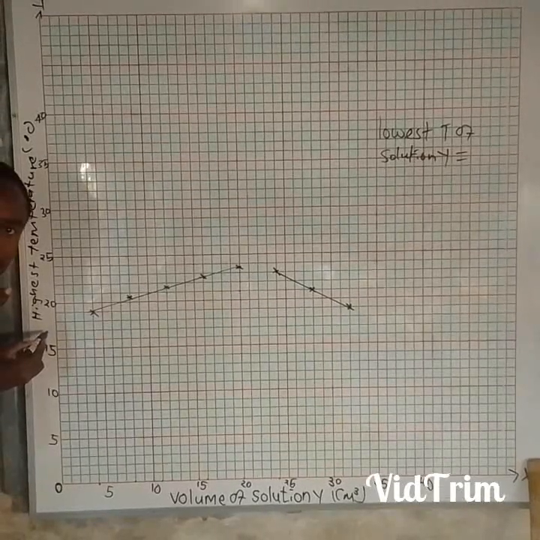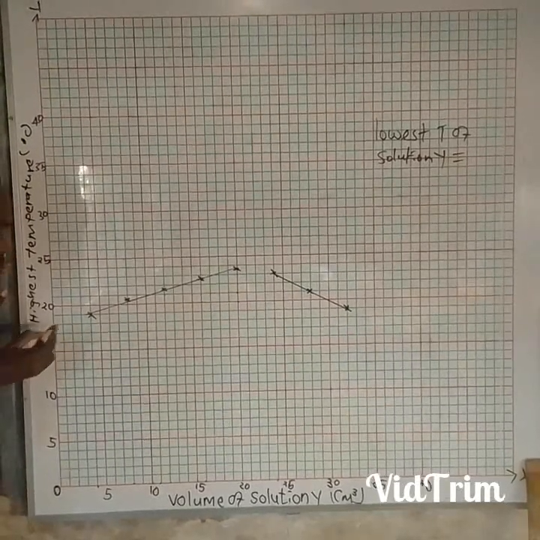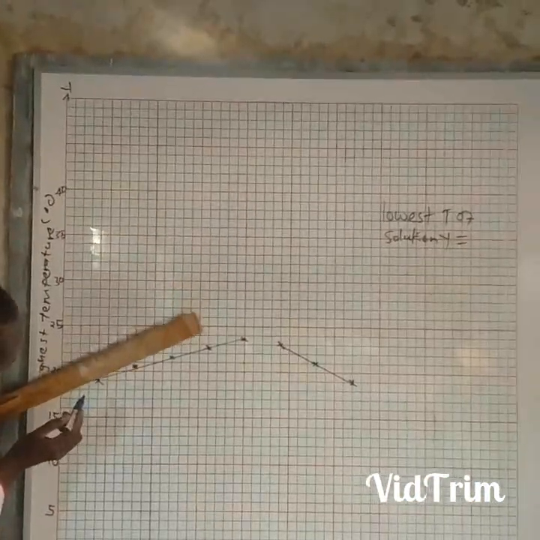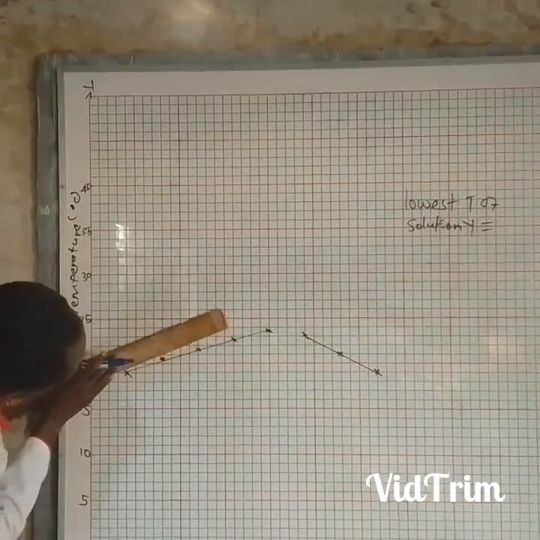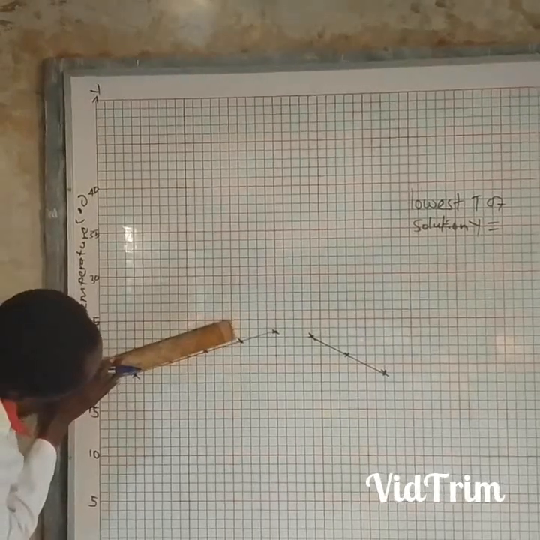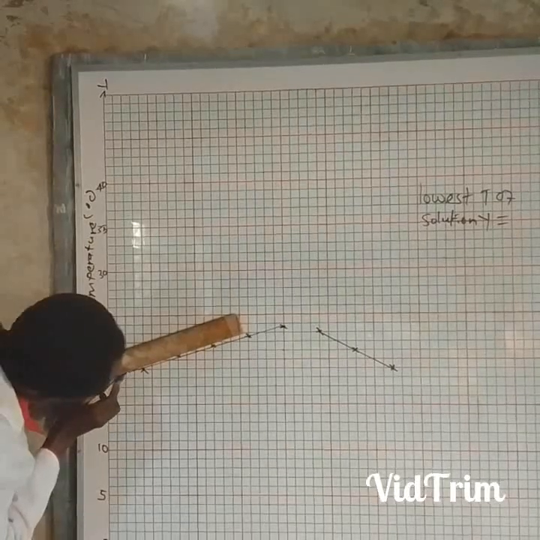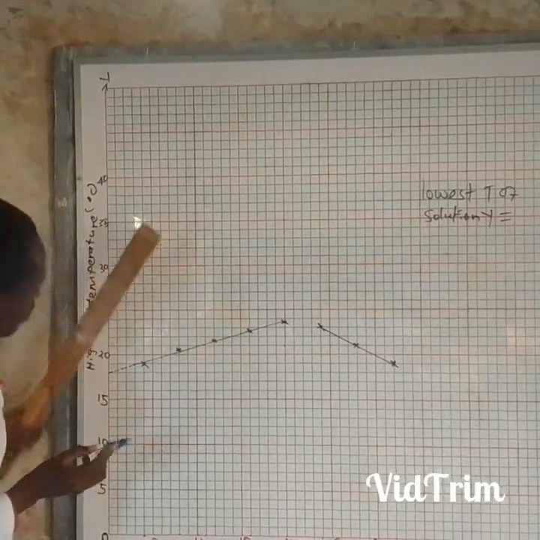Then you read the lowest temperature this side. Is it okay? So using a ruler, this is what you do. You continue extrapolating like this, using a dotted line.